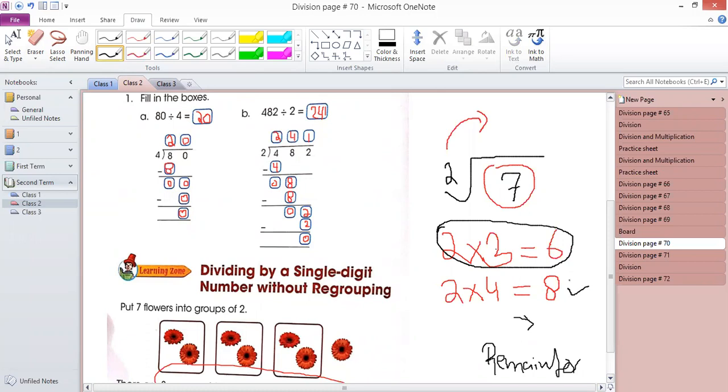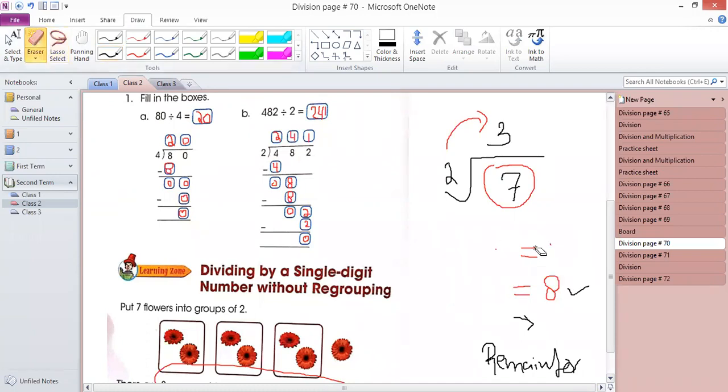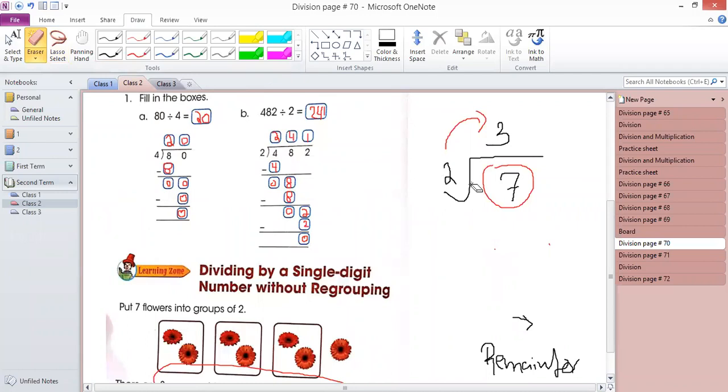So you cannot go for 2 multiplied by 4 because it is more than 7. You have to go with 2 multiplied by 3. So 2 multiplied by 3 equals 6. So 7 divided by 2 equals 3.